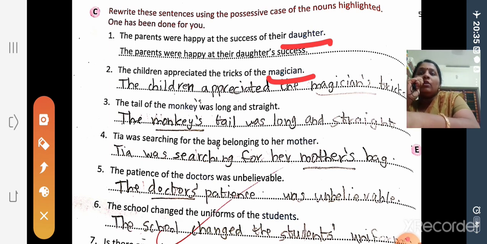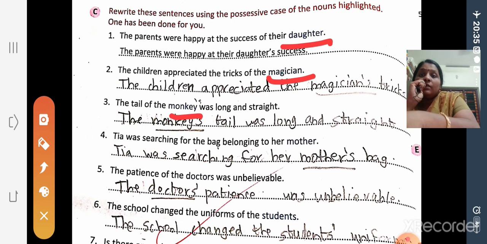Then the tail of the monkey was long and straight. So the highlighted word is monkey. So the monkey's tail was long and straight. Then Tia was searching for the bag belonging to her mother. Belonging to her mother means mother's bag. Tia was searching for her mother's bag. Then the patience of the doctors was unbelievable.